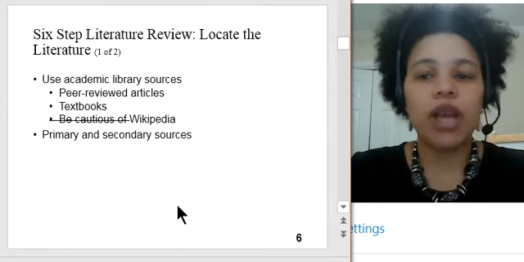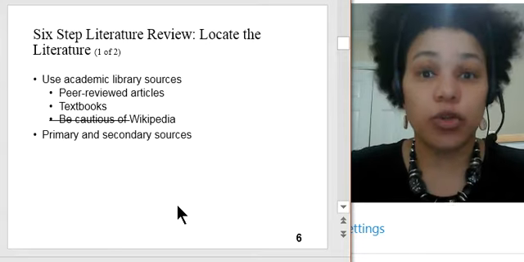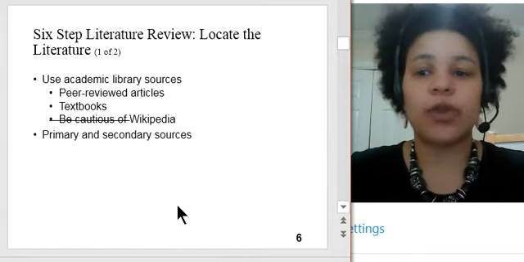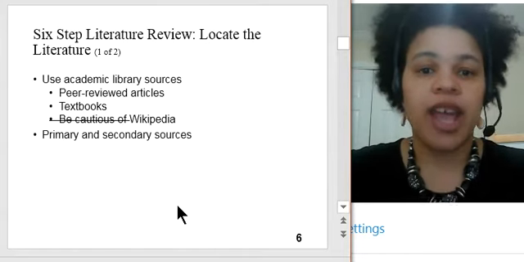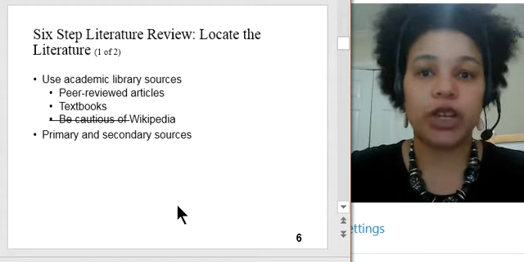We want to focus on academic library sources, because we're looking at formal research, okay? And formal research has been through a process called peer review. And I have been through that process with my work, and it's very rigorous.